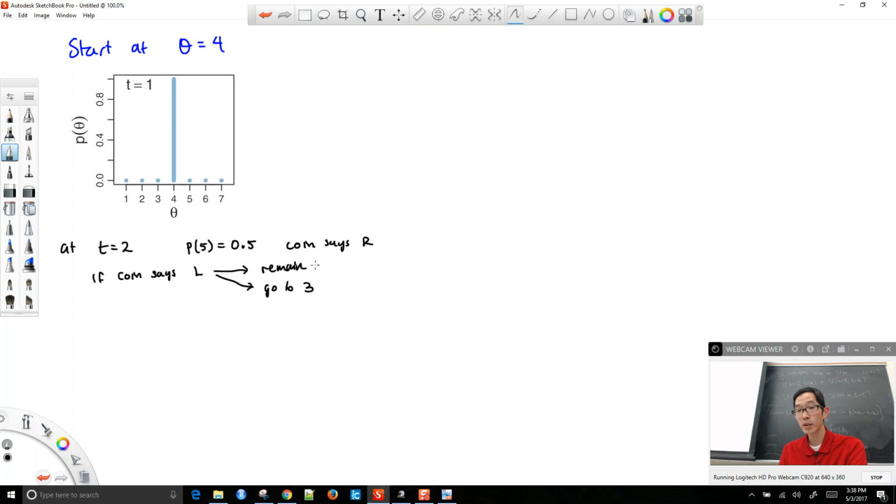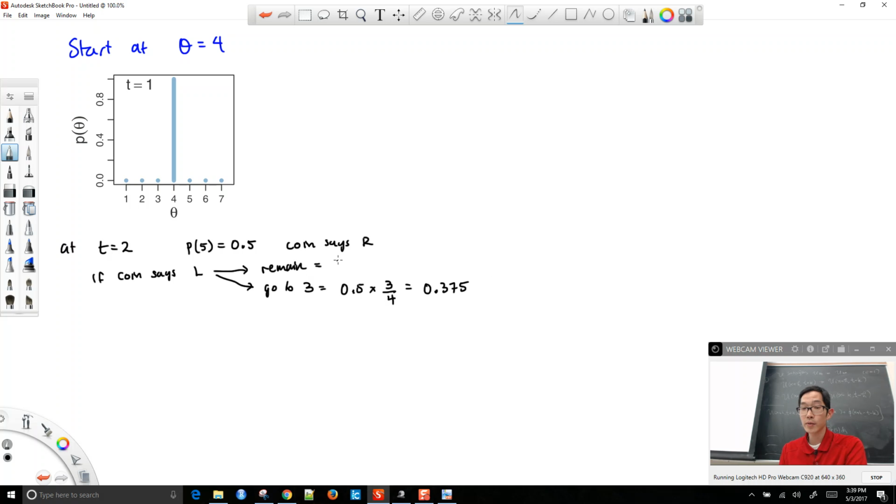We will go to 3 with probability 3/4. So we're going to have 0.5 times 3 over 4, and so we can end up at location 3 with probability 0.375.